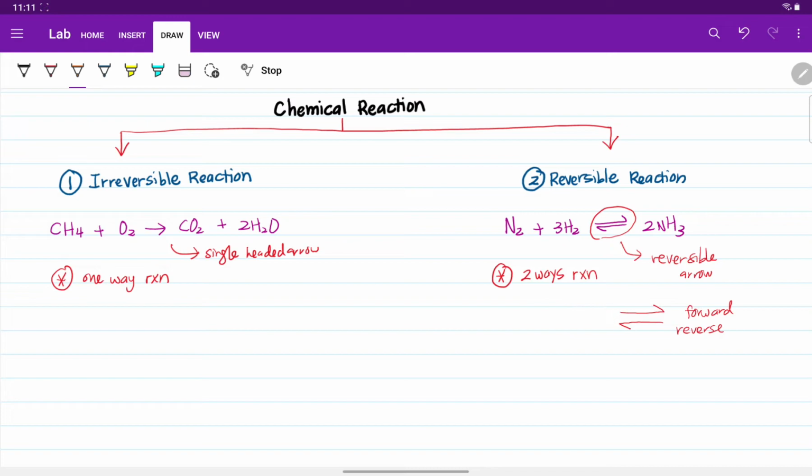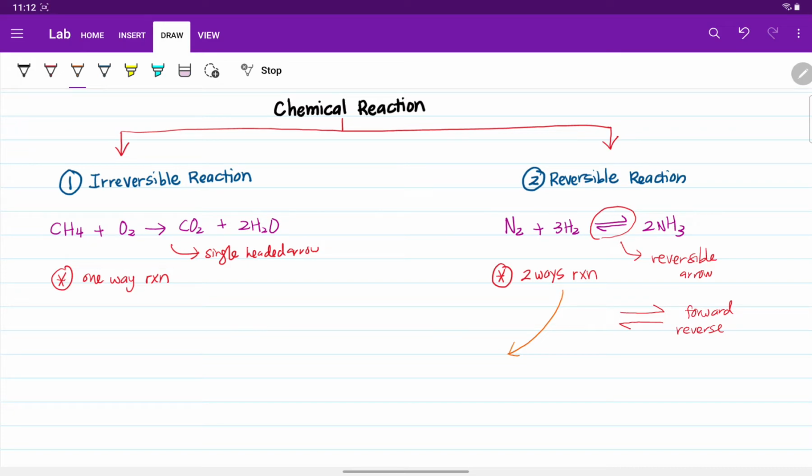So, most reactions that exist around us are reversible reactions. Dan this two-way reaction, kan kita kata tadi berlakunya forward dan reverse reaction.